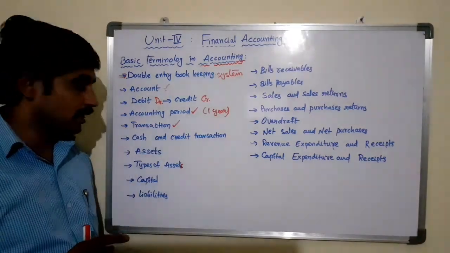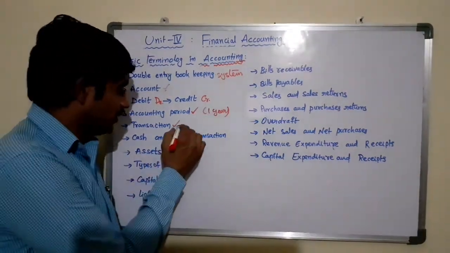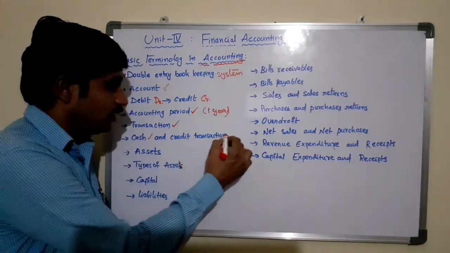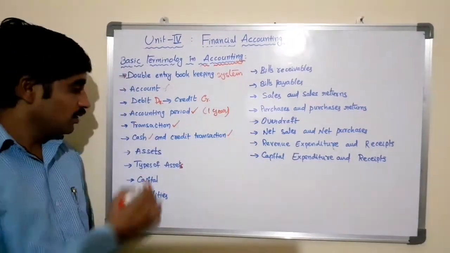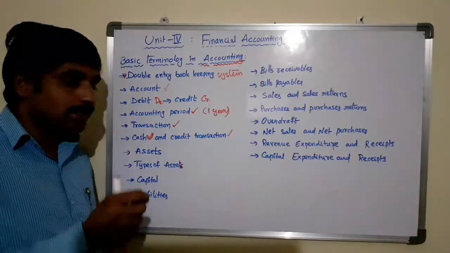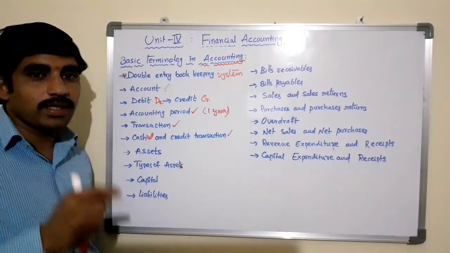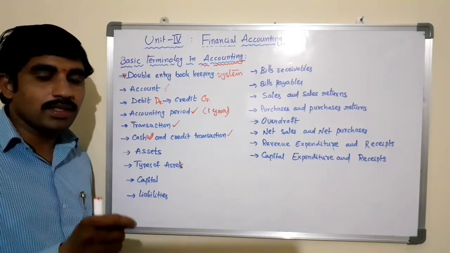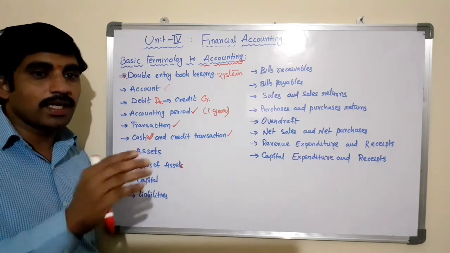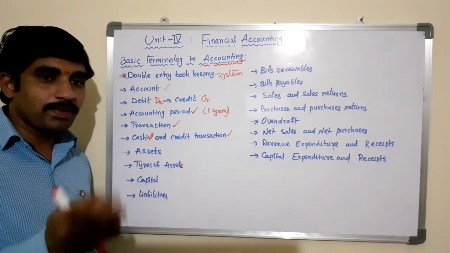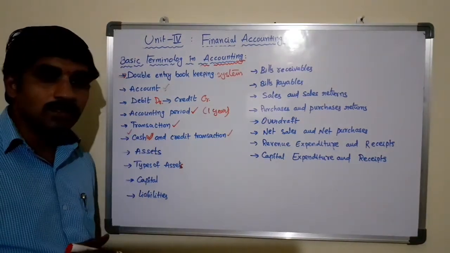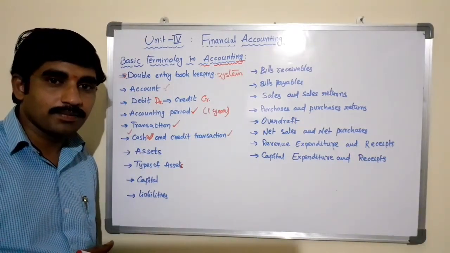There are two types of transactions in every business: cash transaction and credit transaction. Cash transaction means the transaction involves cash. As and when the transaction takes place in the business, if cash is immediately transferred from one party to another, that transaction is known as a cash transaction.